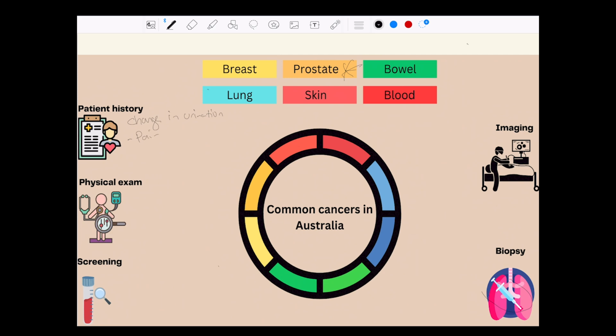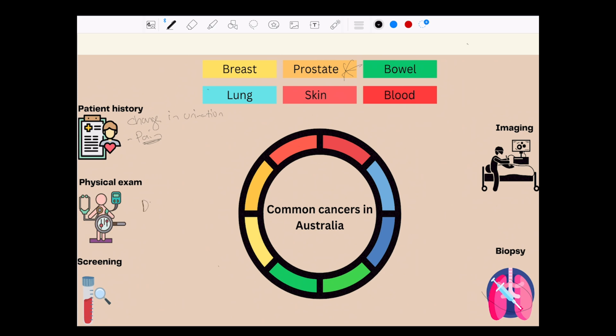So pain in the back or hips is suggestive of cancer because that's the most common location of spread. So pain in those regions could be suggestive of prostate cancer, and that is a differential away from benign prostatic hyperplasia, which is just an enlarged prostate.